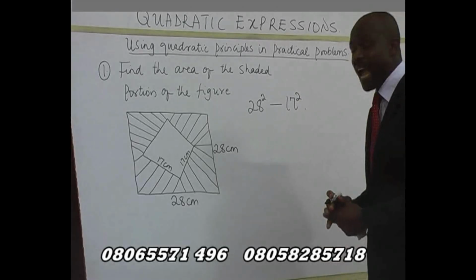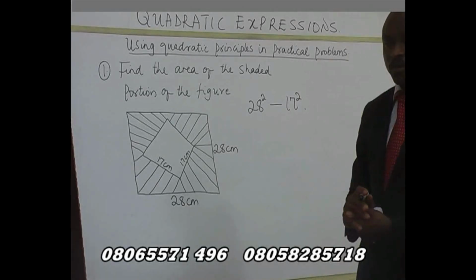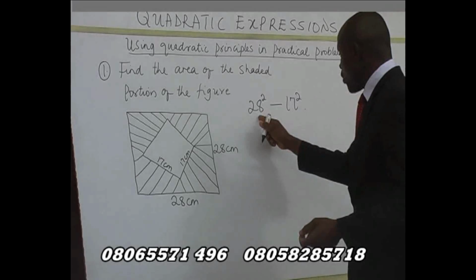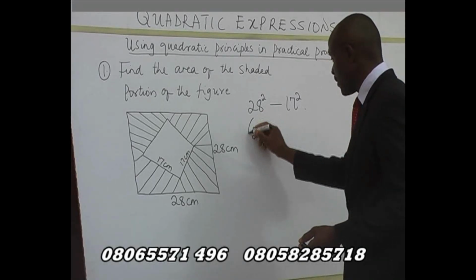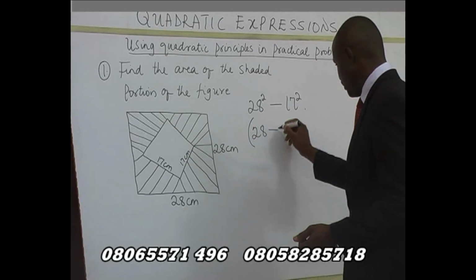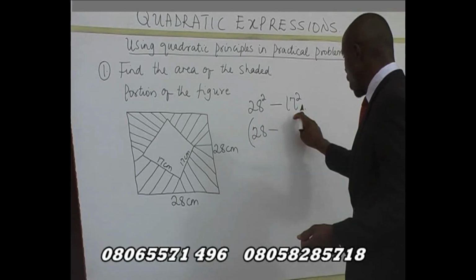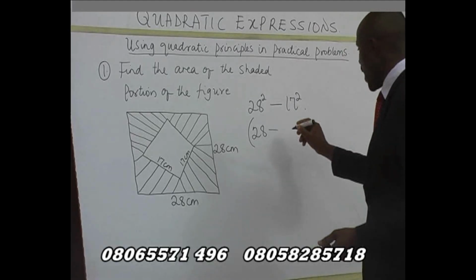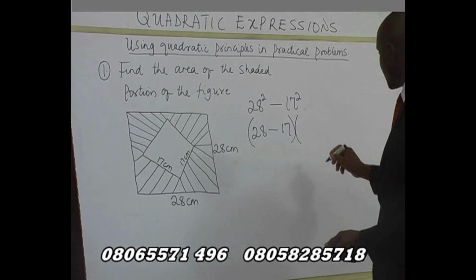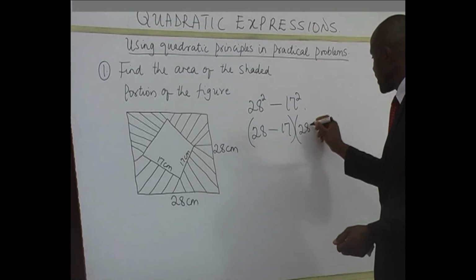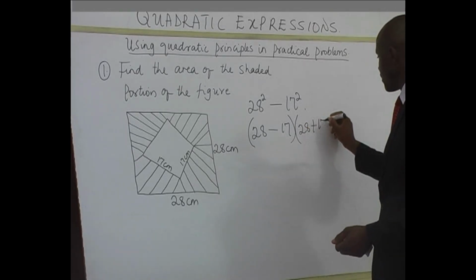That will give you the area of the shaded portion. The square root of 28 squared is 28. Inside bracket, minus the square root of 17 squared is 17. Open another bracket, you have 28 now plus 17.